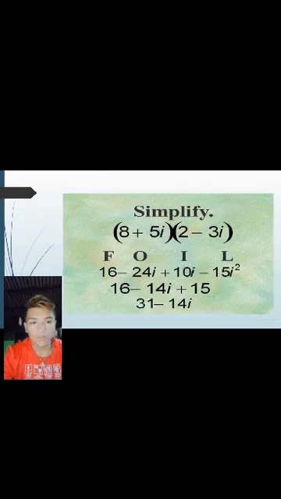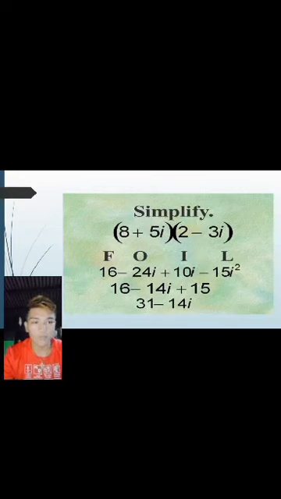We have to apply the FOIL method. 8 times 2 is equal to 16. 8 times -3i is equal to -24i. 5i times 2 is equal to 10i, and 5i times -3i is equal to -15i to the power of 2. Since -24i and 10i are like terms, we have to add them. So -24i plus 10i is equal to -14i.